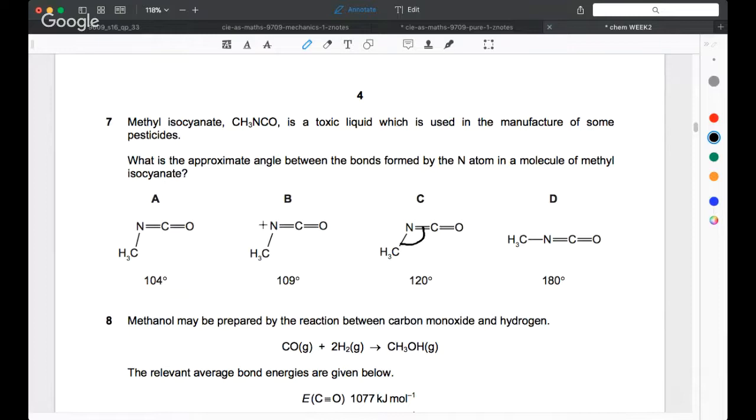So you have one bond pair here, 2 bond pairs there, and then you have a lone pair. So you have 3 bond repulsions, which is 120, so it's a trigonal planar structure, and it gives you 120.